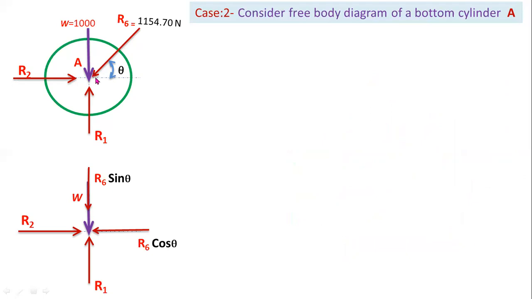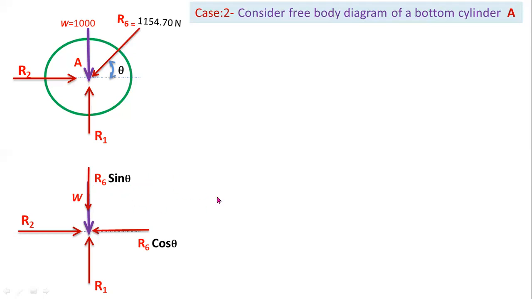So you have to convert this inclined force into horizontal and vertical components. This reaction force makes an angle theta with respect to the horizontal. So you have to consider this horizontal component as the adjacent side. For the adjacent side, you have to consider cos theta. So R6 cos theta is the x component. In a similar way, the y component is R6 sin theta.